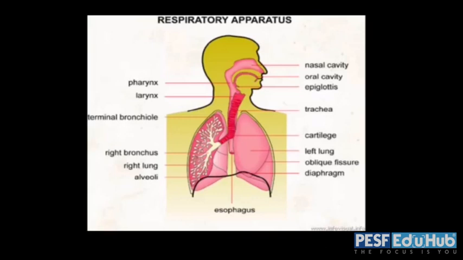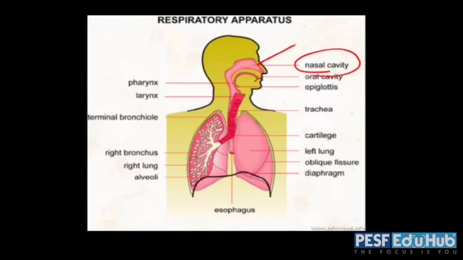The nose has nostrils. The nostril leads to the nasal cavity, and the nasal cavity leads to the nasopharynx. On the floor of the pharynx there is an opening called the glottis. Through that opening, air enters the trachea or larynx. The anterior part of the trachea is called the larynx. The larynx is the voice producing organ.